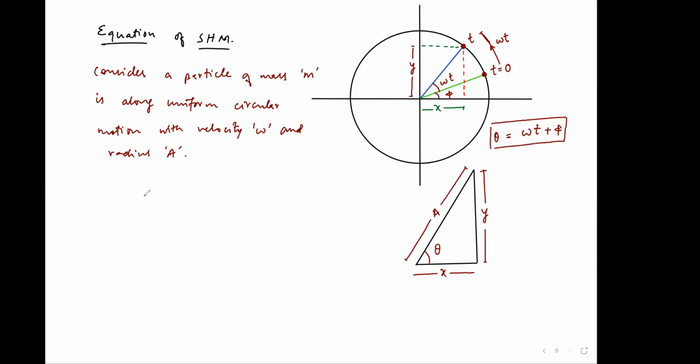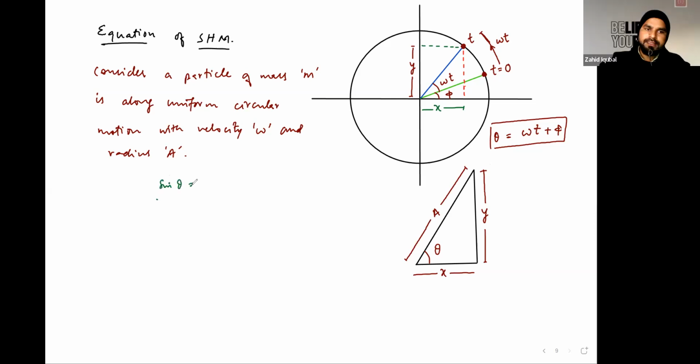No, sir. Now from this triangle, if we take sine theta, it will be perpendicular by hypotenuse. So y will be equal to a times sine theta, and theta we have as omega t plus phi.